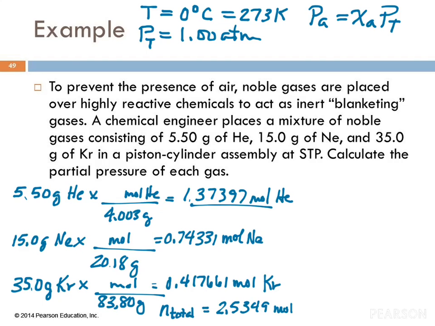So if I divide by N total, then I get 0.5420, and this is really sad. I'm boring myself. Wait, I just amused myself.